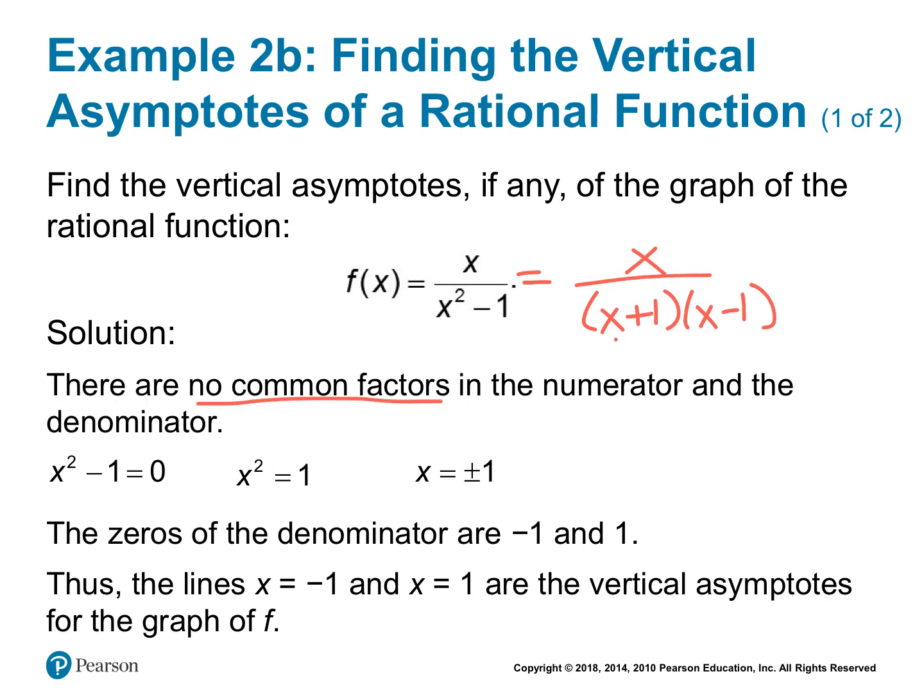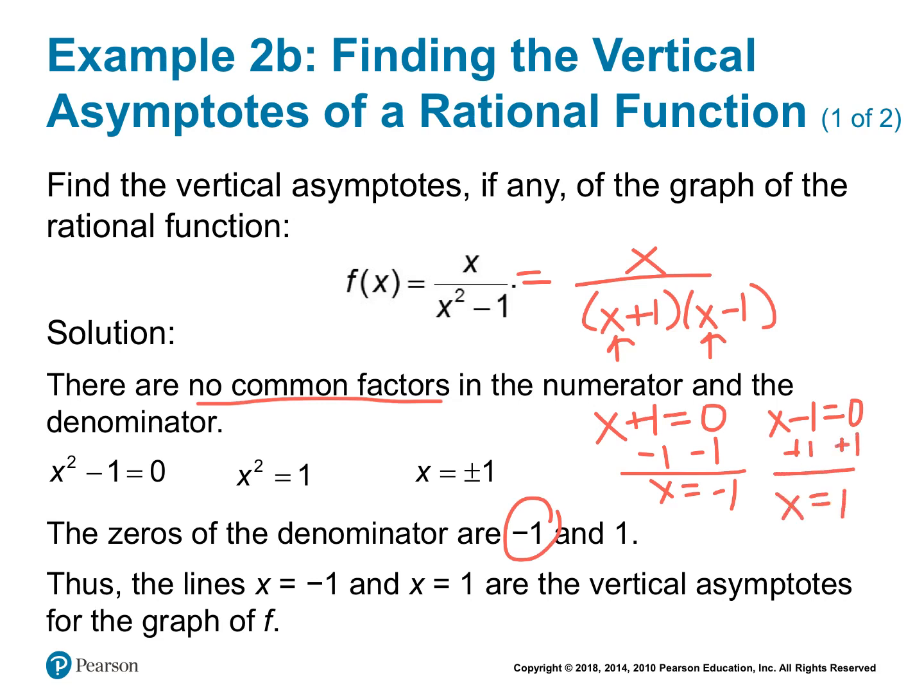So then we just need to find out what these zeros are. What would make x plus 1 equal 0, and what would make x minus 1 equal 0? Well, that would be negative 1 and positive 1. So these are our two vertical asymptote lines.